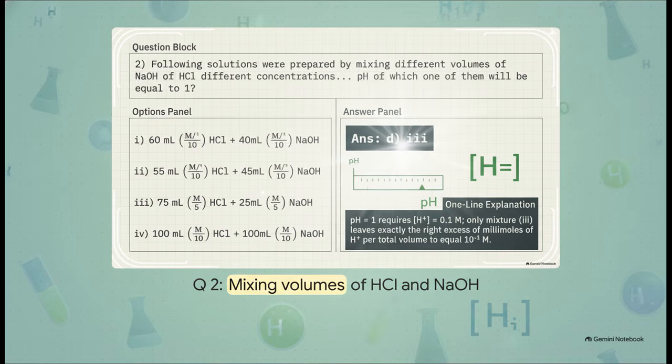IV, 100 ml M by 10 HCl plus 100 ml M by 10 NaOH. Answer panel. Answer D. III. One-line explanation. pH equals 1 requires H plus concentration equals 0.1 M. Only mixture 3 leaves exactly the right excess of millimoles of H plus per total volume to equal 10 to the power of negative 1 M.